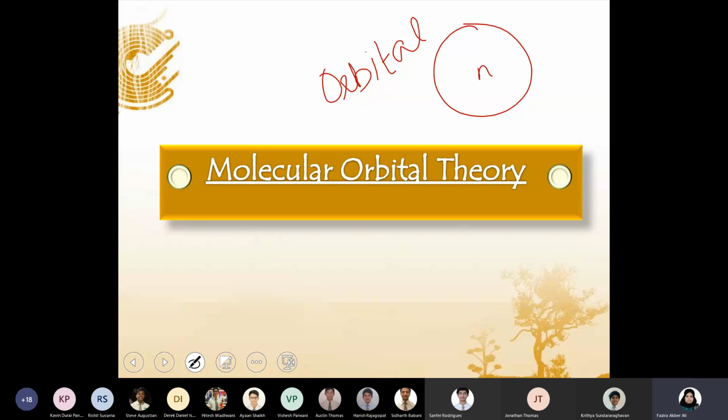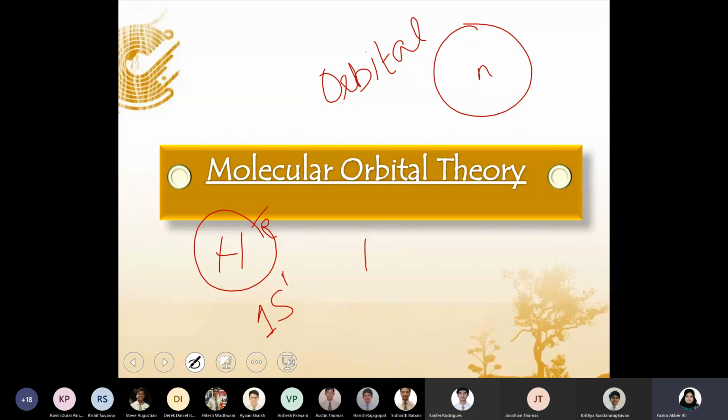So how are atomic orbital and molecular orbital different? Simple example: you have hydrogen. Hydrogen has 1 electron, and we learned that the one electron in hydrogen is in the 1s orbital, right? Its electronic configuration is 1s1.